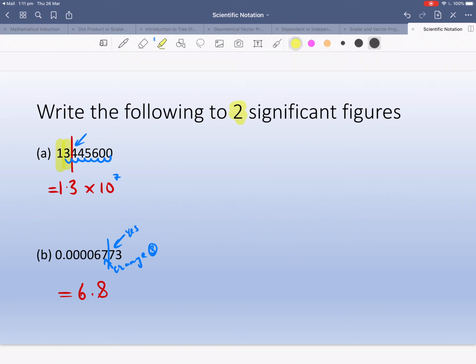And remember, when it's 2 significant figures, we only need 2 numbers. Then we go times 10, and we count again to make sure we've got it right: 1, 2, 3, 4, 5. And remember, because it's a really small number, it's going to be minus 5. All right, that's my lesson on scientific notation. So peace.